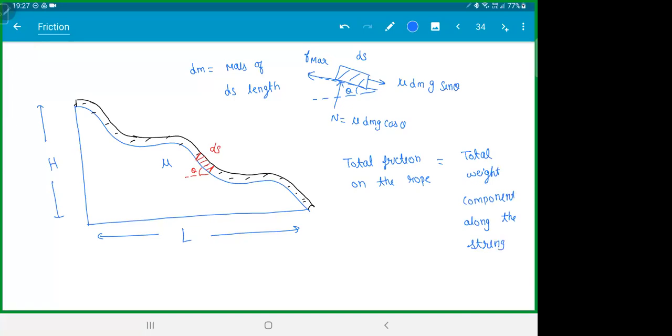Now be careful here, huh? Don't write like this. If you write, what is F max then? F max is mu into n. So you can't write mu into n is equal to mu dmg sine theta. This is wrong. Can someone tell me why this is wrong?